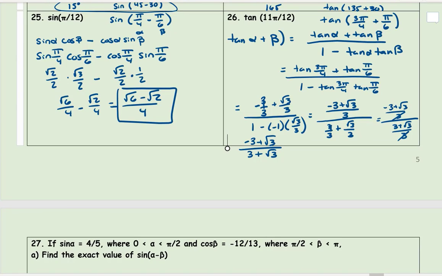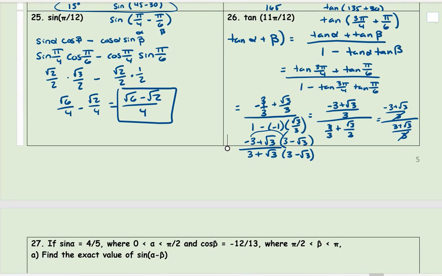So what we're going to have to do is get rid of this root 3 in the denominator by multiplying it by its conjugate. And the conjugate is 3 minus root 3 here, 3 minus root 3 here. So we're going to have to FOIL.